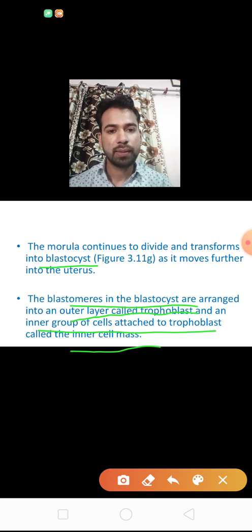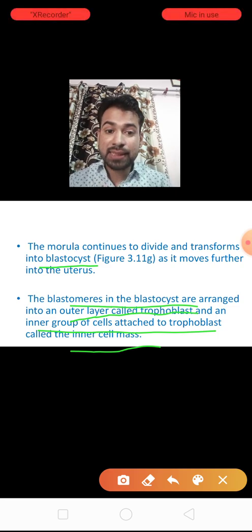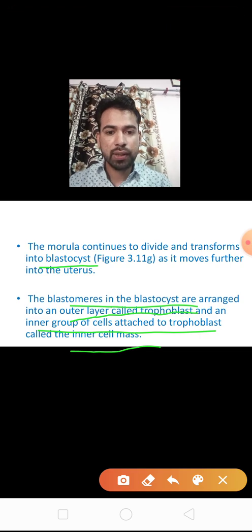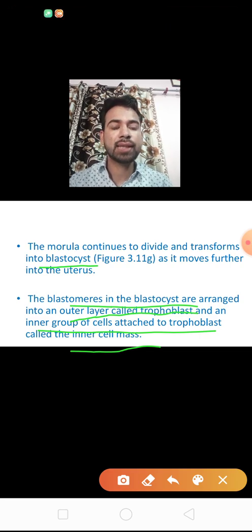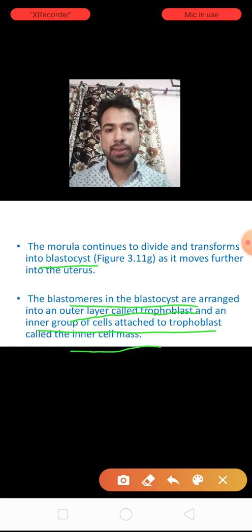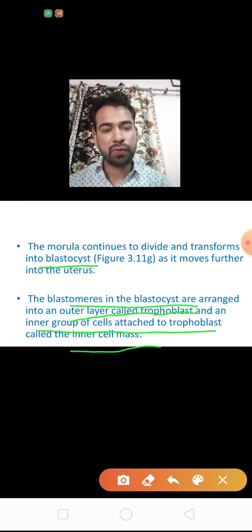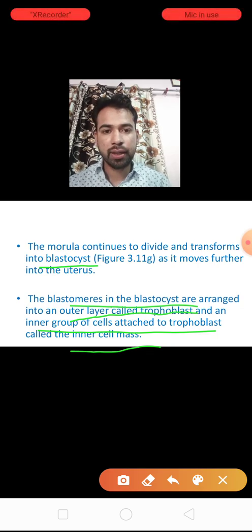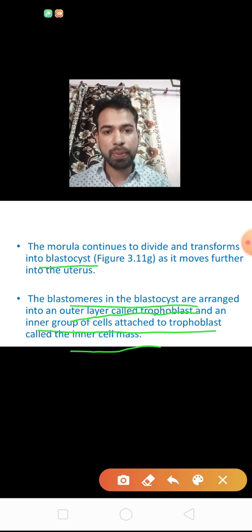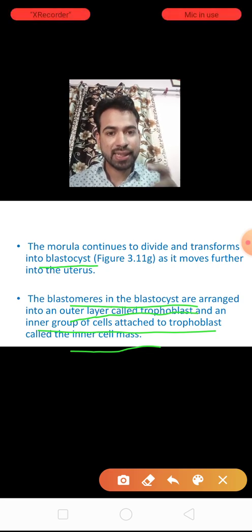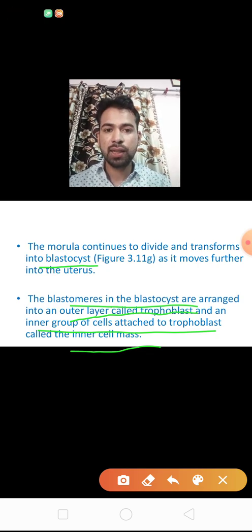Okay, the cells inside the trophoblast will grow there, and these cells are known as the inner cell mass. Clear? Now in the blastocyst we have two things: the outer layer, the trophoblast, and the inner layer of inner cells, the inner cell mass.